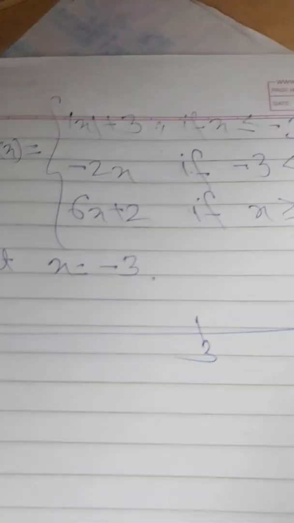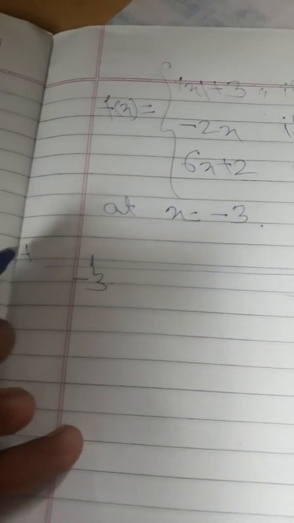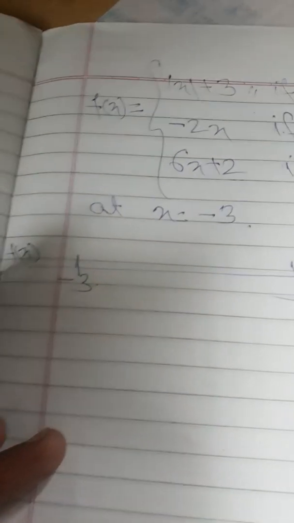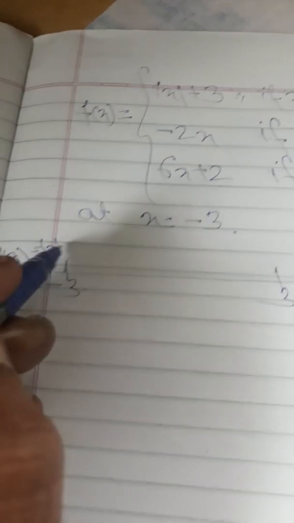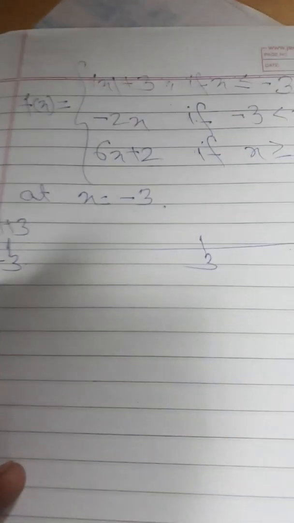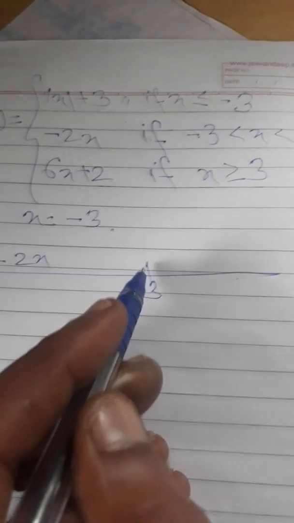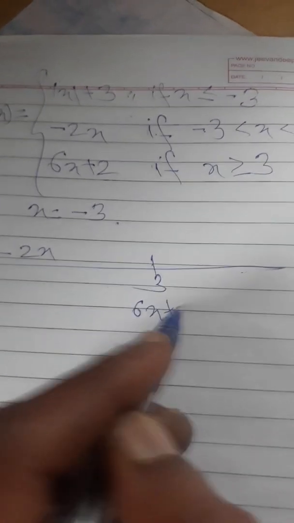For values less than or equal to minus 3, the function is defined by mod of x plus 3, and in between minus 3 and plus 3 it is minus 2x, and for x greater than or equal to 3 it is 6x plus 2.